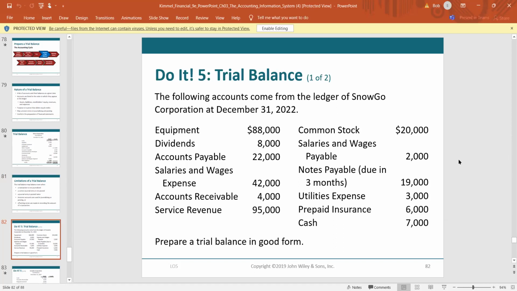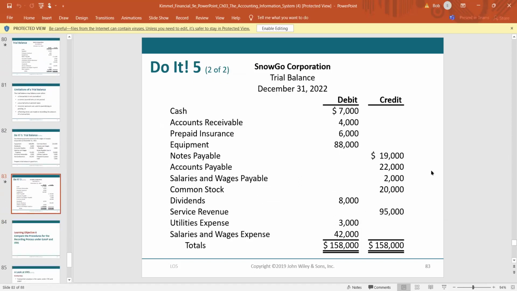I predict we're going to start with cash, 7,000, accounts receivable. There's equipment, that's an asset, and I see a prepaid. So I'm guessing cash, accounts receivable, prepaid, and equipment will be the first 4 things we see. I don't see anything else, do I? There we go.